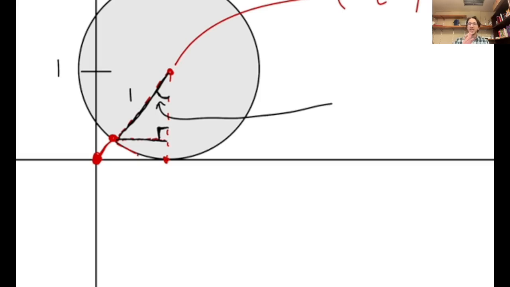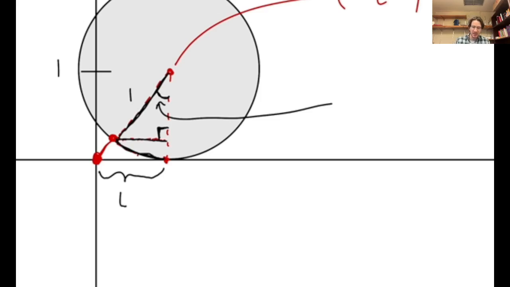Now, if the bike is moving to the right at a speed of 1 unit per second, so the center is at the point t comma 1, then what does that mean about this distance here? That distance there is the same as the arc length here, right?